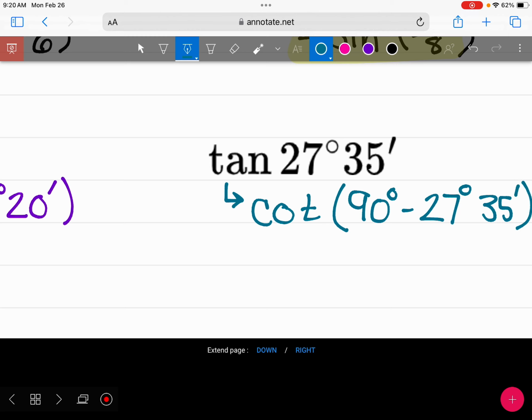Bit of minutes since we did some degrees and minutes subtractions. They come back every now and then. So we're going to have our cotangent of, what is 90 degrees minus 27 degrees and 35 minutes? 62 degrees and 25 minutes.